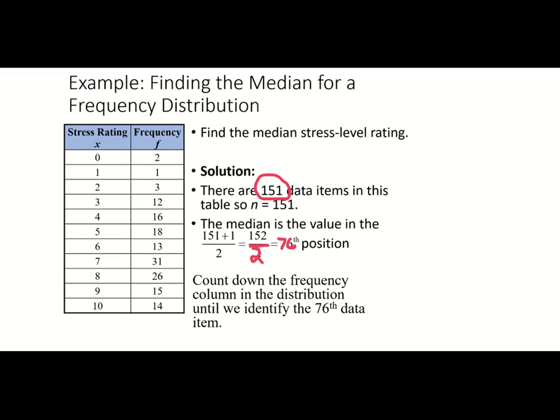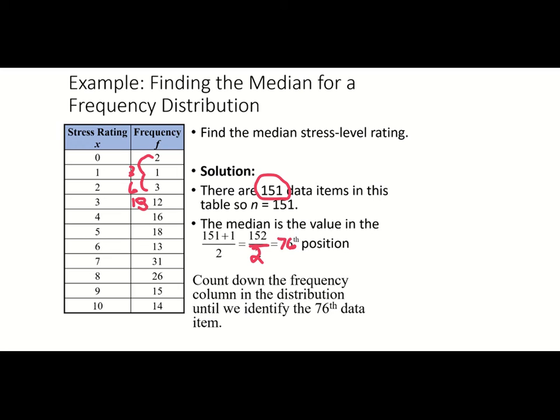So what that means is we have to count down in my column until we get to the 76th spot. I start here. I know I have 2 zeros. Plus 1 will give me 3. Now, if I add another 3, right now I'm at 6. So I'm at the sixth spot. 6 plus 12 will give me 18. So I'm at the 18th spot. If I go through 0, 1, 2, and 3, I've listed 18 of the scores so far.